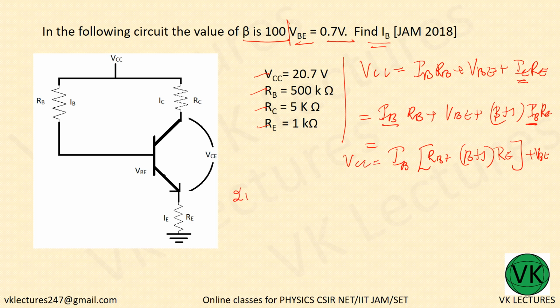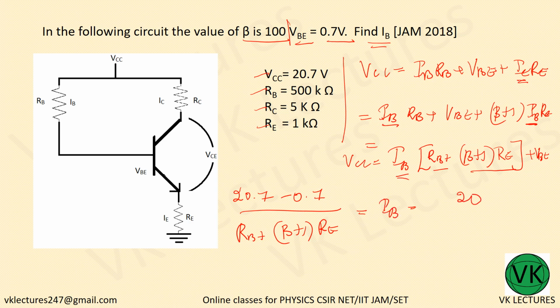So IB equals (20.7 minus 0.7) divided by (RB plus (beta plus 1) into RE). What is that value? This is equal to IB.